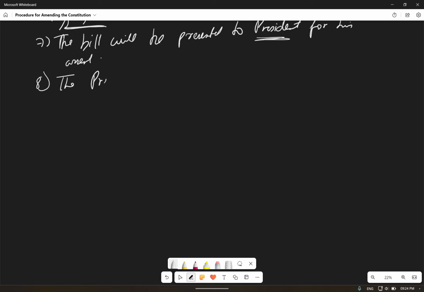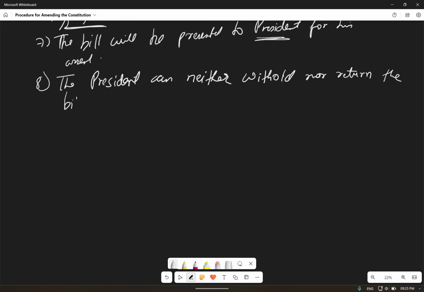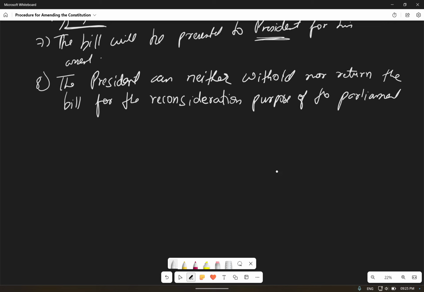Now the president can neither withhold nor return the bill for the reconsideration of the Parliament.